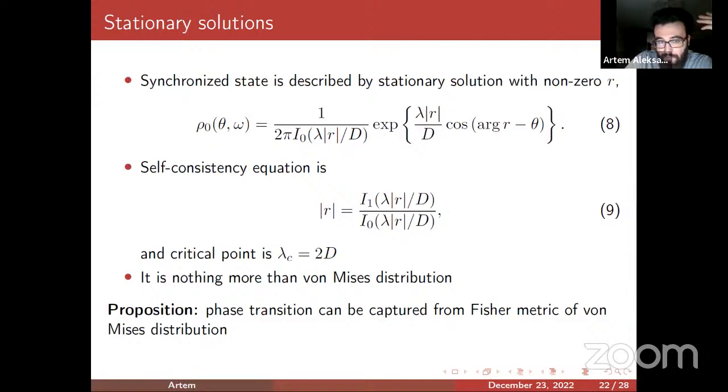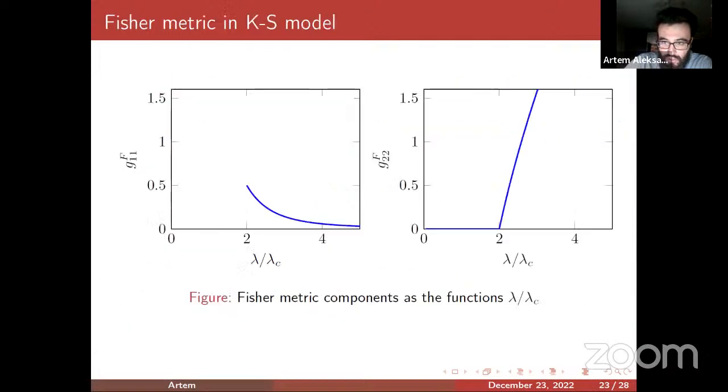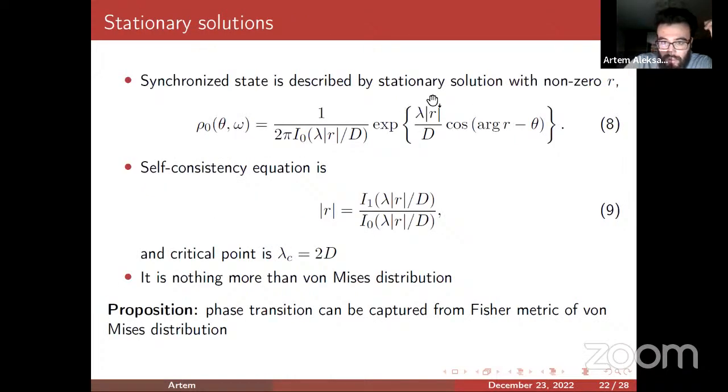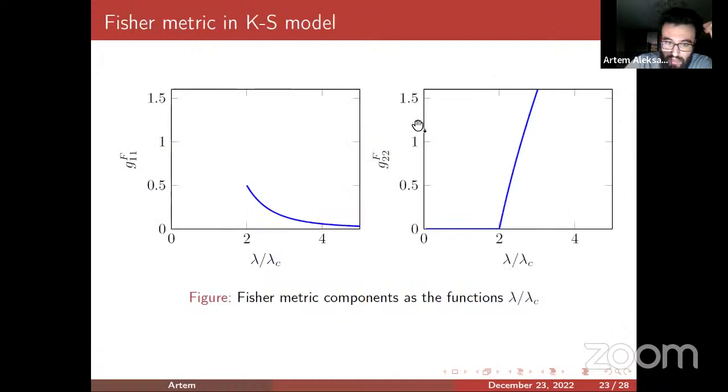So I find the stationary solution and I consider the Fisher metric for these stationary solutions. And on this slide, you can see the Fisher metric components as functions of lambda over lambda critical. So there are two parameters. The first parameter corresponds to D, and the second parameter corresponds to lambda.